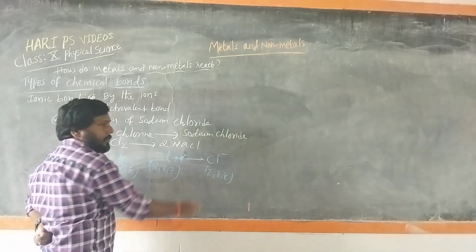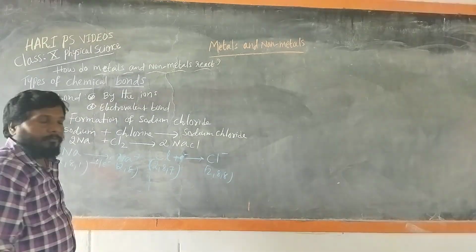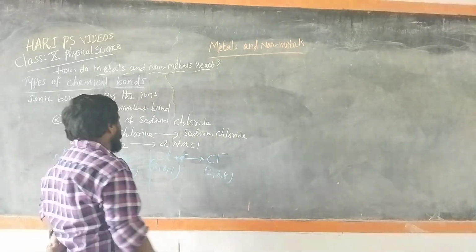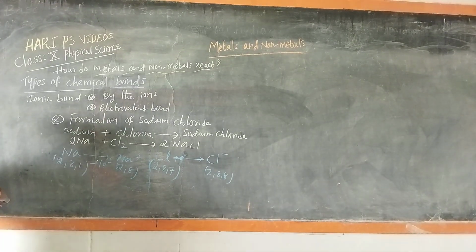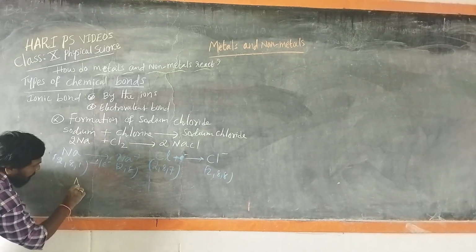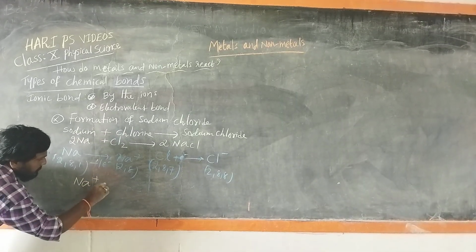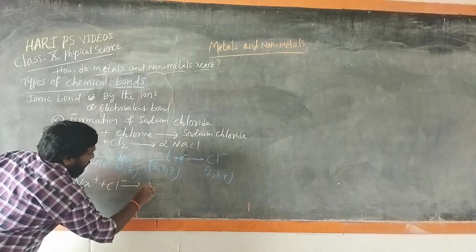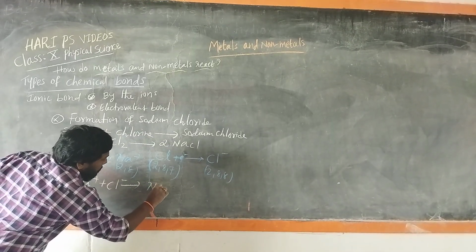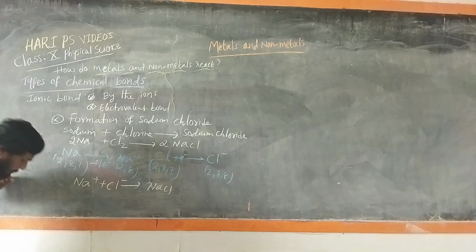So these two combine, Na plus and Cl minus, and NaCl is formed.